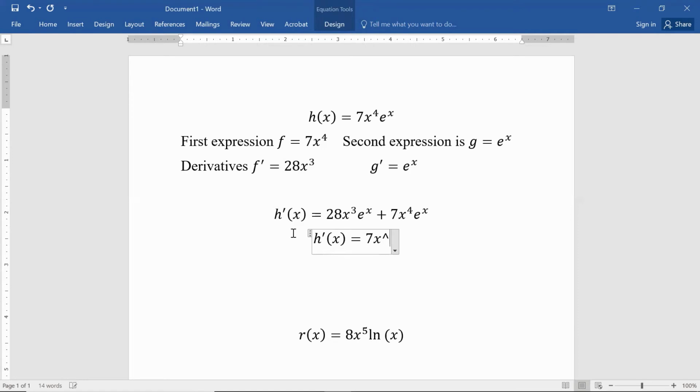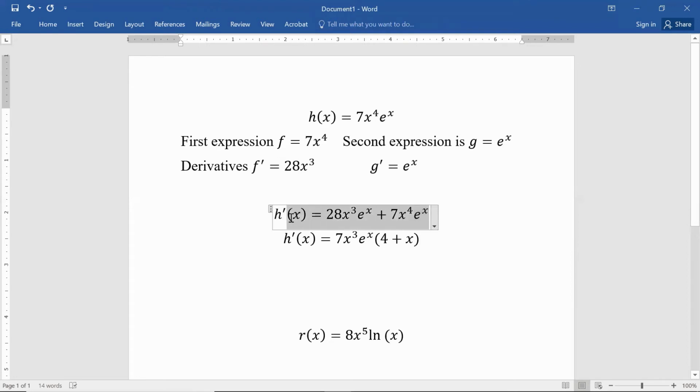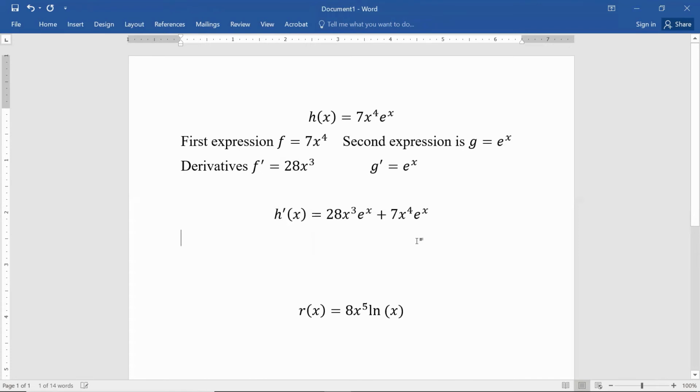They'll say 7x to the third e to the x times 4 plus x, or something of that sort. I honestly prefer it, if you're writing things in Moodle, to write it this way. So I tend not to factor after I've taken a derivative using the product rule.